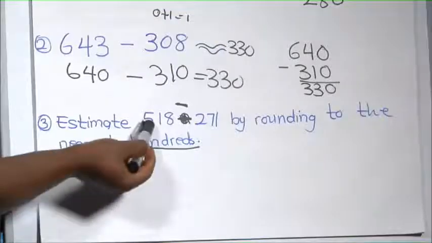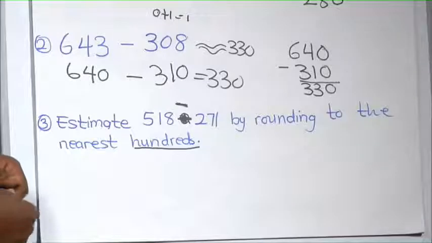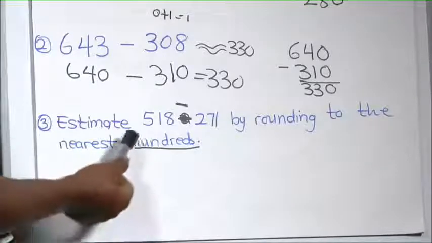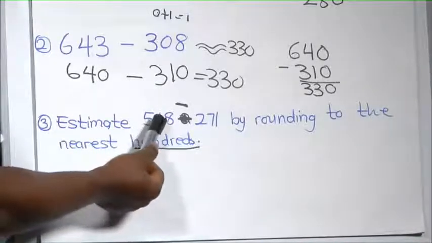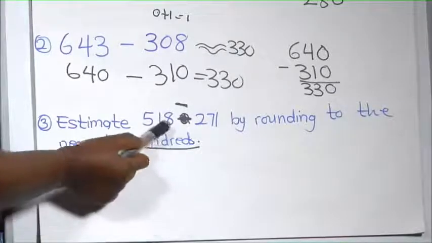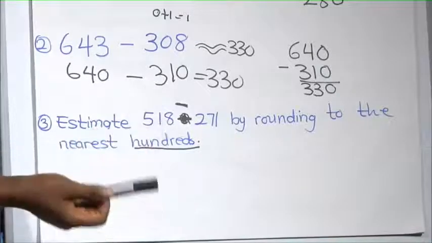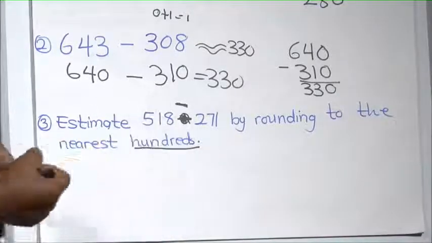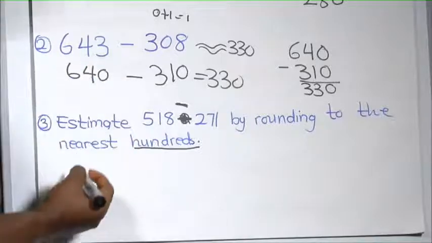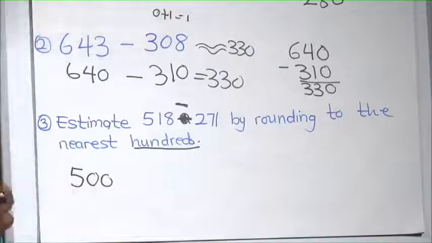And you know, 518 to the nearest hundred, we'll check the number right after the 5. So we have 1 at the tens place, and this one is less than 5. So we will let the numbers rest. So I will have 500. We have rounded it down.